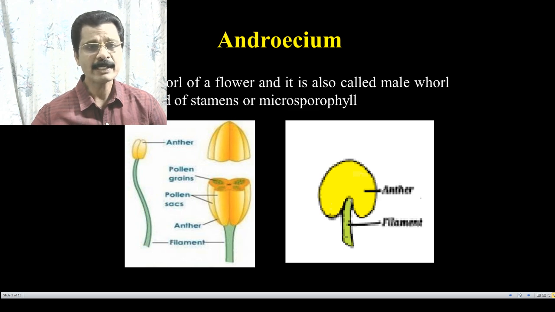And monothecous anther is also there, as in the case of Malvaceae, where you can see reniform anther or kidney-shaped anther or bean-shaped anther. That is only one chamber. That is why it is called monothecous anther. Right?